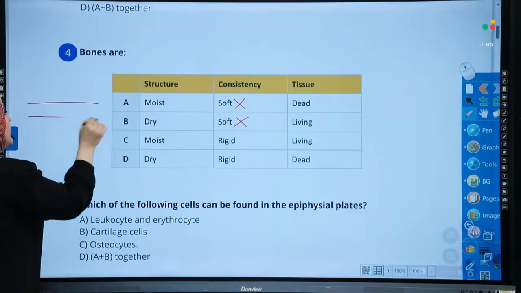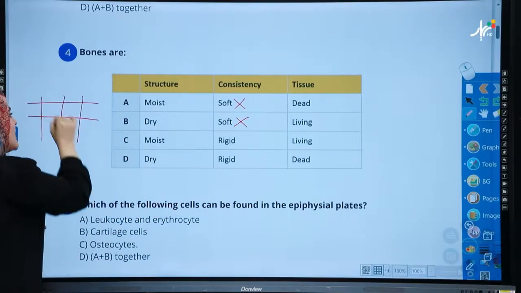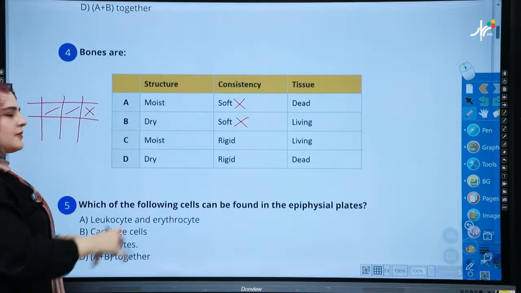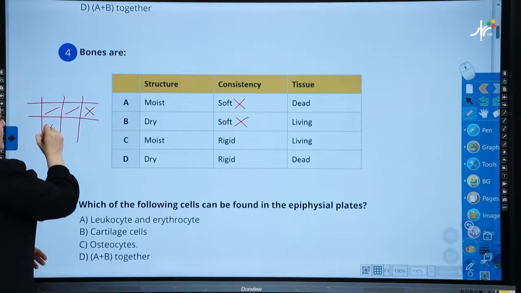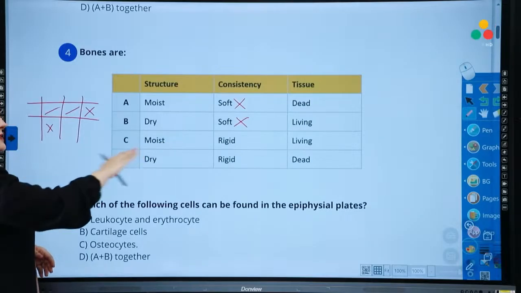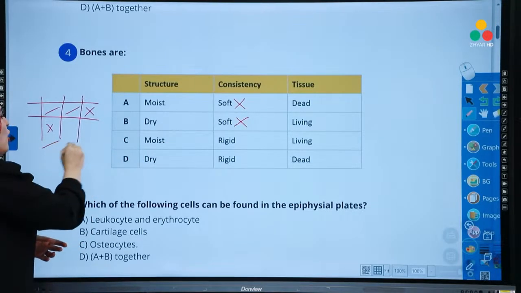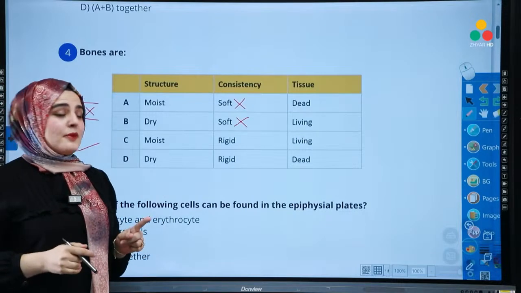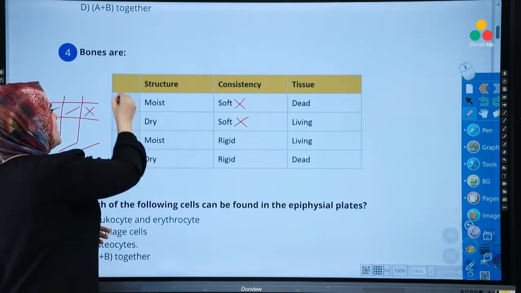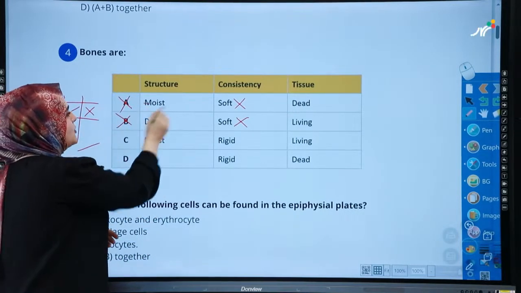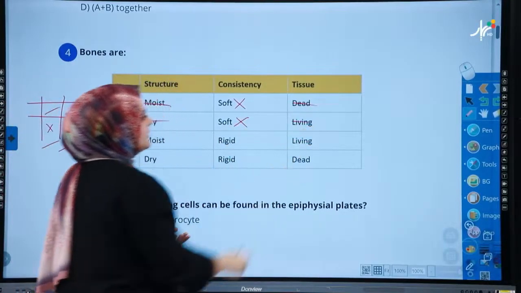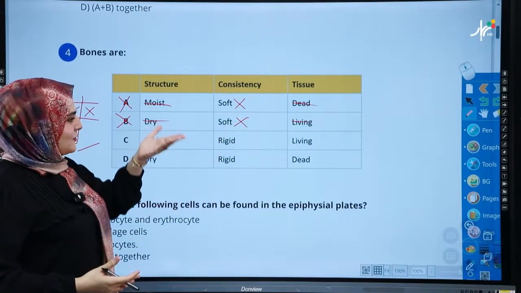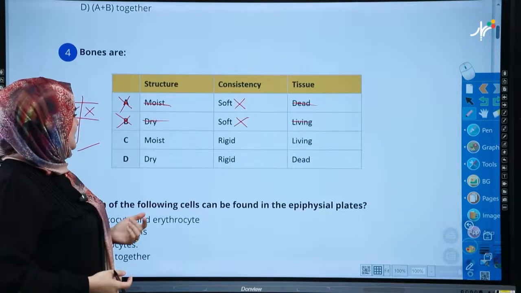If in a line of a table, 2 are correct and 1 is wrong, this answer is gone. Eliminate it. If 1 is wrong, you don't need to even check the rest of it. All 3 or all 4 should be correct in order for you to choose that answer. So without any further ado, A and B are out. We don't need to check the rest of it. Good. Now we raised our chance from 25 to 50%.